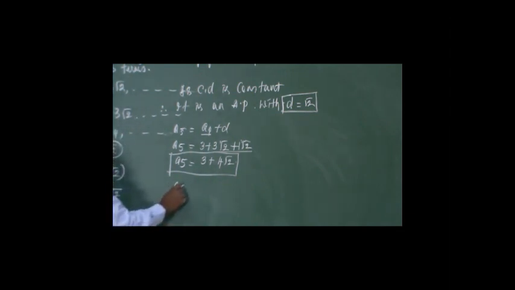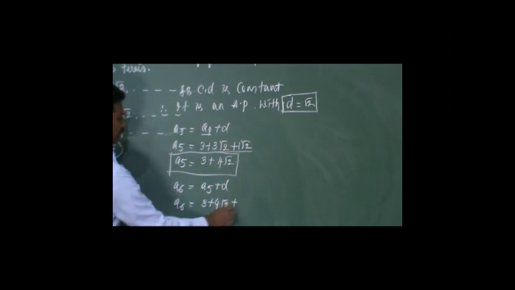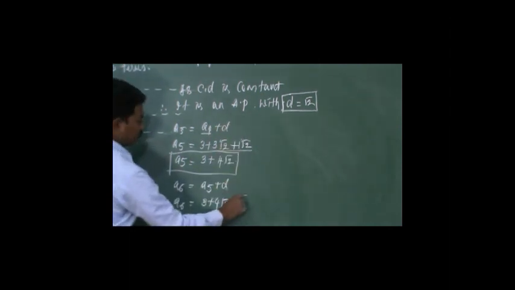So let us find A6. A6 can be written as A5 plus D, or you can write A6 is equal to A plus 5D. That can also be done. Whichever appears easy, you can do it. A5 is already ready with us, that is 3 plus 4 root 2, plus D whose value is root 2.